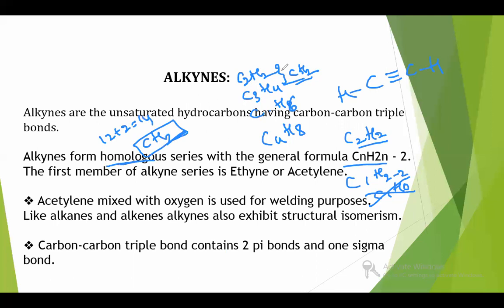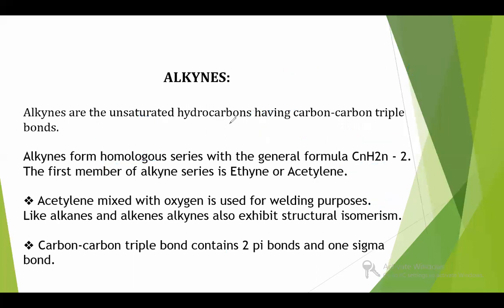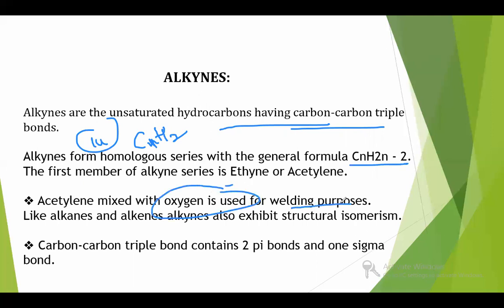So alkynes have a carbon-carbon triple bond, the general formula CnH2n minus 2, and form a homologous series differing by CH2, or 14 units. Acetylene mixed with oxygen is used in oxy-welding.